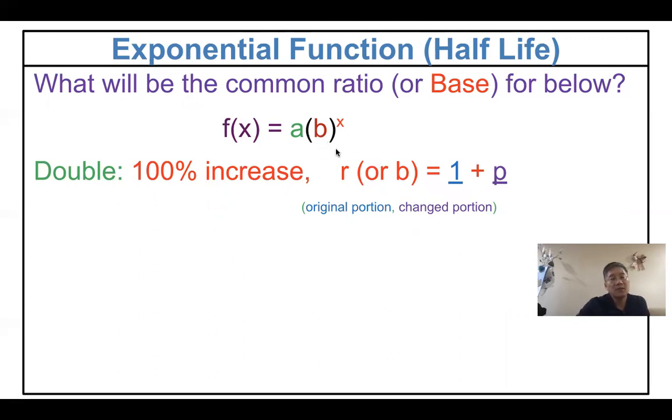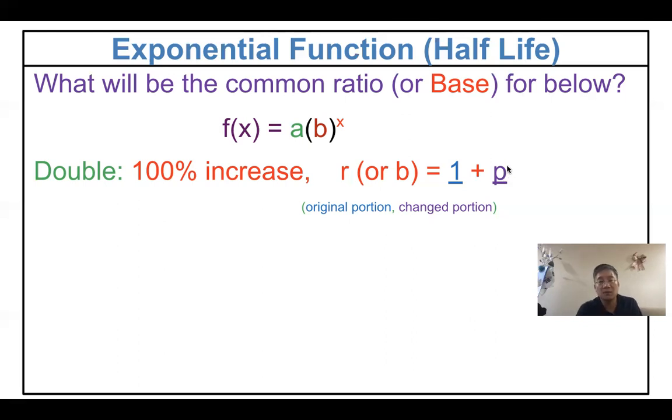In this case, if anything doubles each time, double means what? Increase 100%, right? 100% increase, double. How do you write down the base? Base is equal to 1 plus the percentage. The 1 is from the original portion and the percentage is from the increased portion. So 100% increase means 100%.